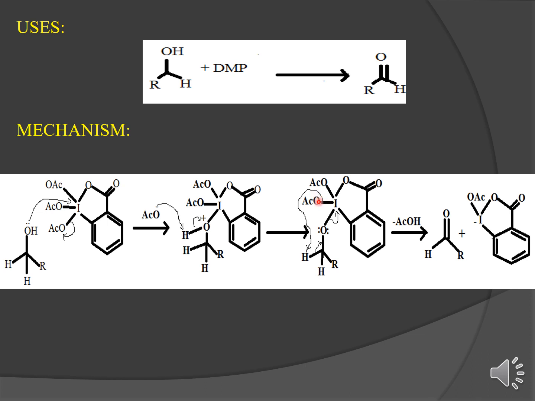When this OAc minus goes, it abstracts the proton in an intramolecular reaction, this bond shifts over here and makes a double bond, and then again the bond shifts over here and you get back your aldehyde compound by the cleavage of this moiety. Okay, that is your minor product.